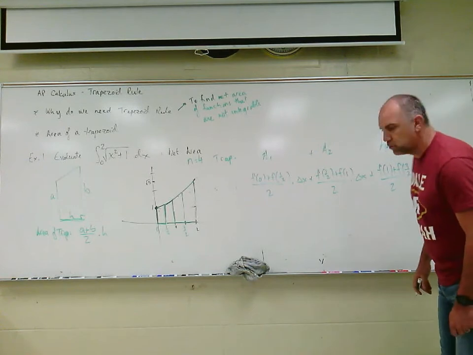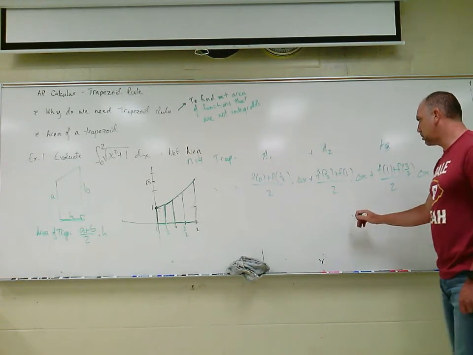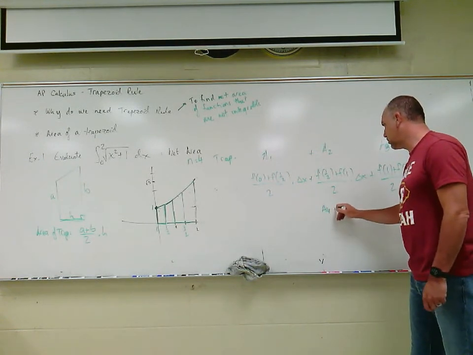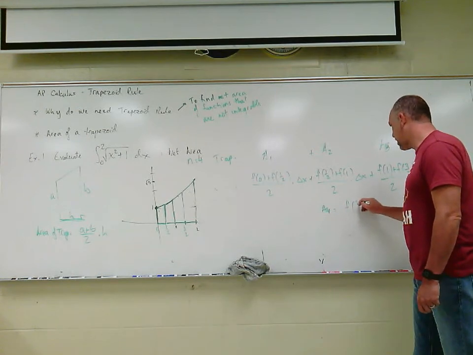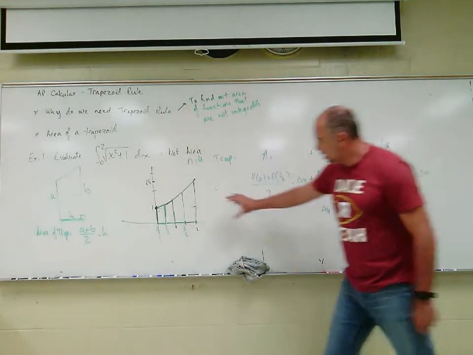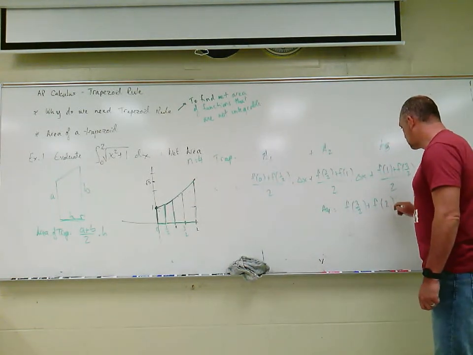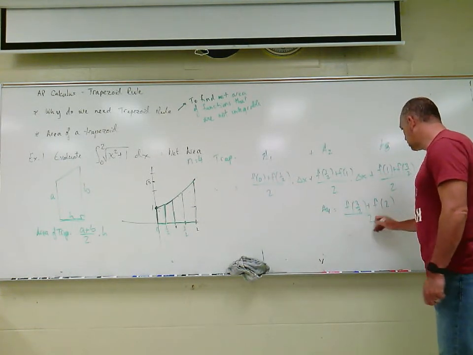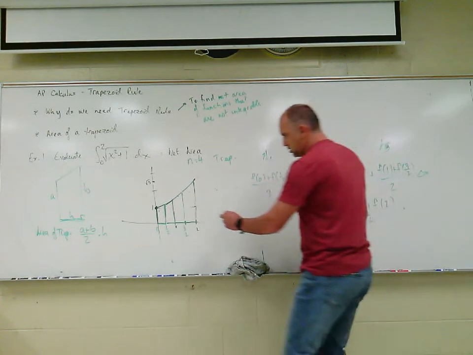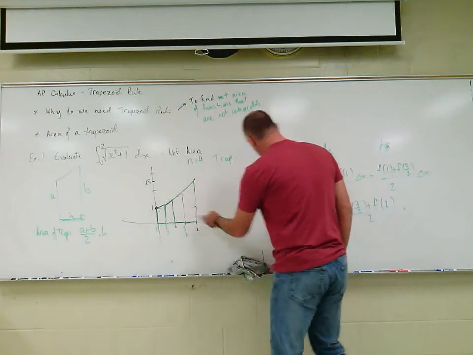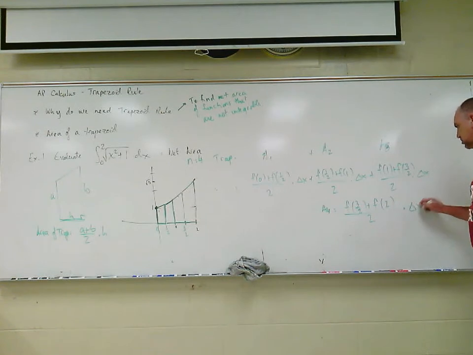I'm running out of room, so we'll drop down below. The fourth one here: that height is f of 3 halves plus f of 2 over 2, and again the height of the trapezoid is this way, which is delta x.